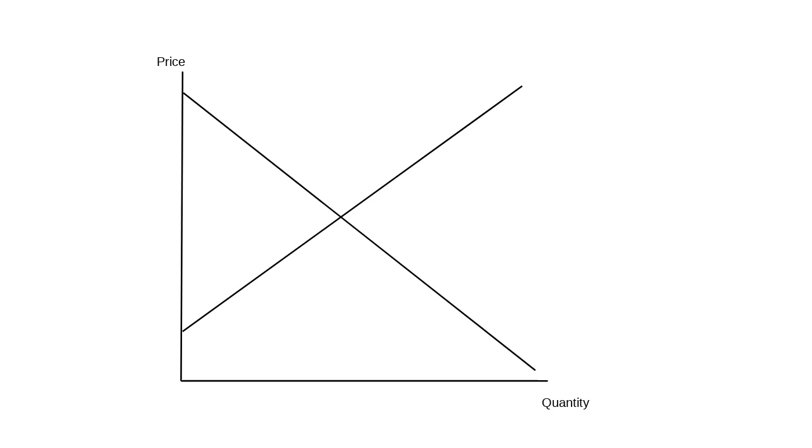Let's label these supply. This is demand. And we know that the current equilibrium price is 50. And the current quantity is 2,000.